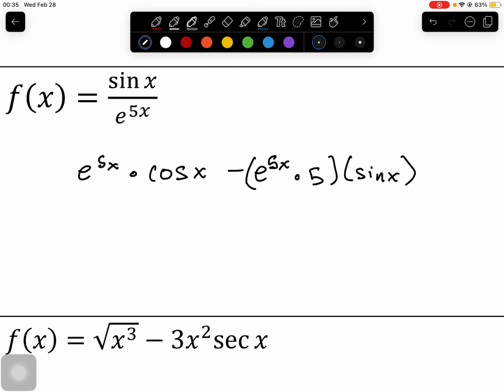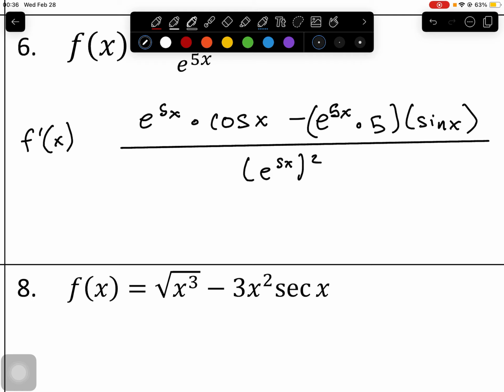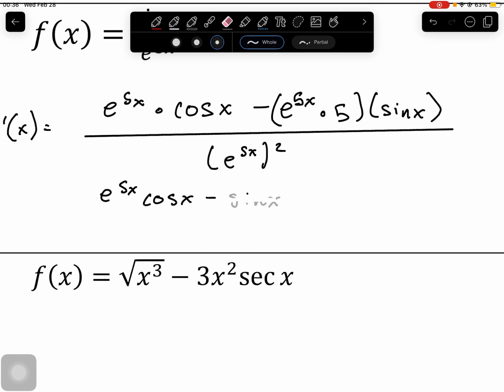And now, all of this is going to be over e to the 5x, all squared. So now here, I'm just going to combine everything to make it look nice. Sine x, actually, I would move the 5 here, then do e to the 5x, and then do sine x.